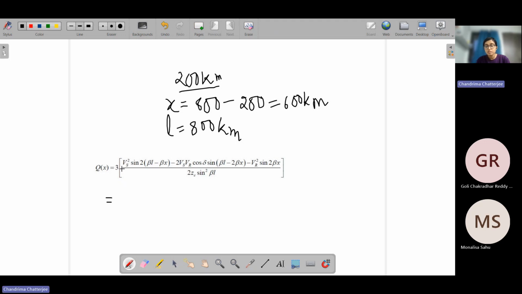Here there is 3 outside, so you can just take the 3 inside and make them line to line voltages. Then it would be V squared sine 2 beta L minus beta x. Here also they will be all line to line quantities.